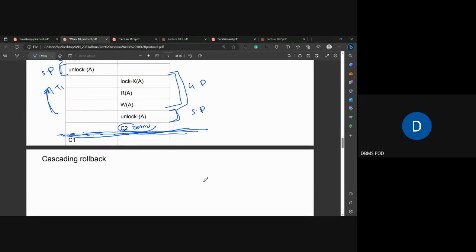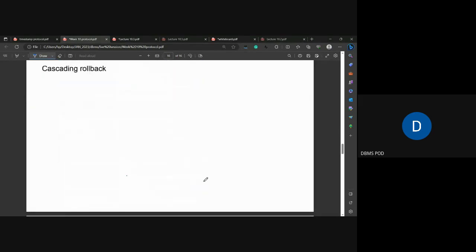Okay, now let's see the cascading rollback. Suppose there are T1 and T2. Lock is already applied.